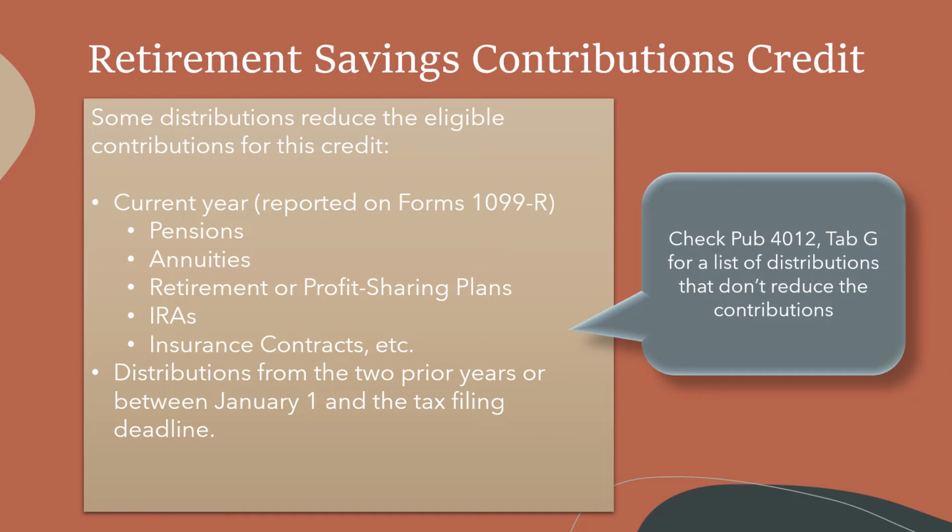If this sort of thing comes up, it's good to check Publication 4012, tab G, where there's a list of distributions that do not reduce contributions. But this is something you're going to want to have cued in your mind: if somebody has contributed to one of these plans but also received a distribution, we're probably going to have a reduction, but we're going to check just in case we don't need to.